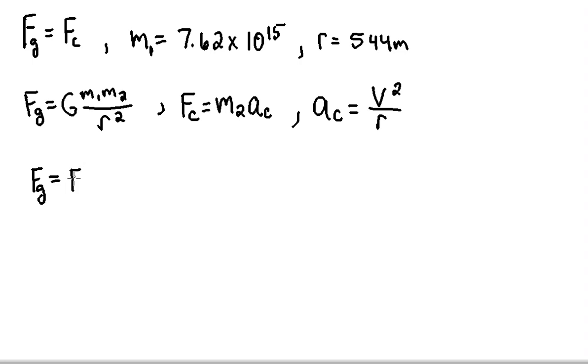Let's start out by writing what we wrote down first. We know this is equal to this. Well, since this is equal to this, and this is equal to this, this whole thing is equal to this whole thing. Newton's gravitational constant multiplied by the product of the masses divided by the square of the radial distance must be equal to the mass of the object in orbit multiplied by the centripetal acceleration.